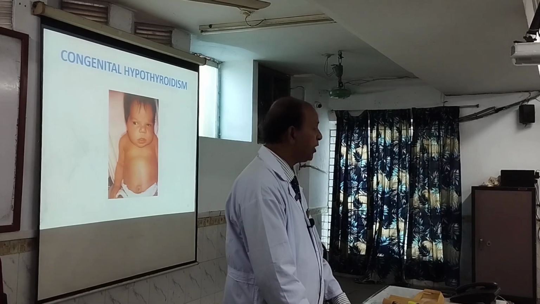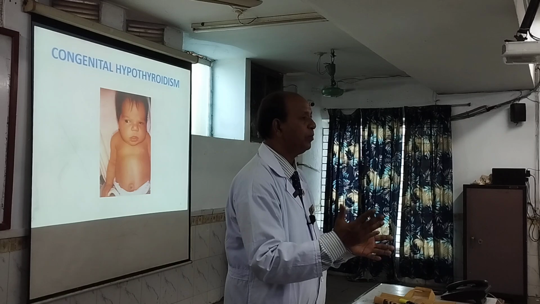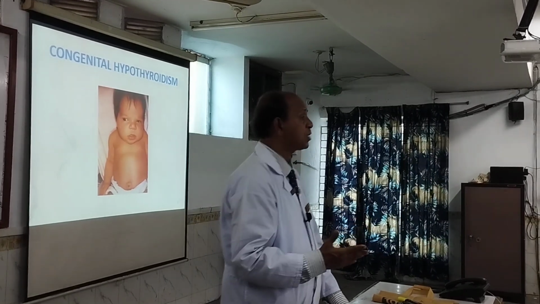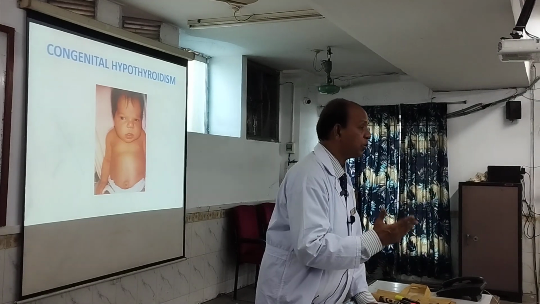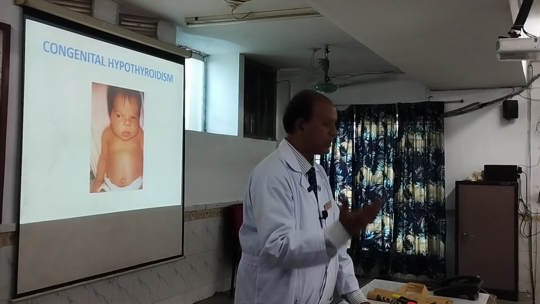Remember this. There is undue prolongation of physiological jaundice, delayed meconium passage and constipation. There is a large protruded tongue, which interferes with feeding and respiration, and there is noisy respiration.